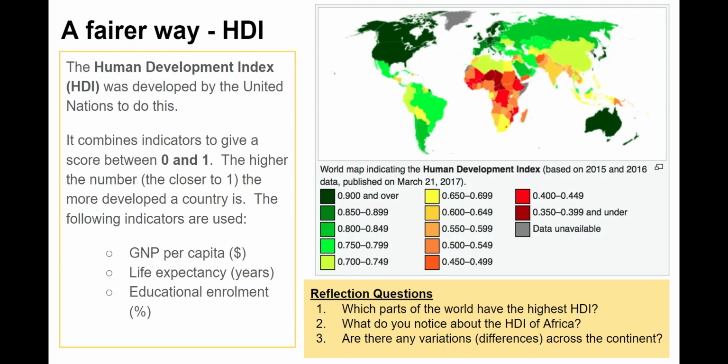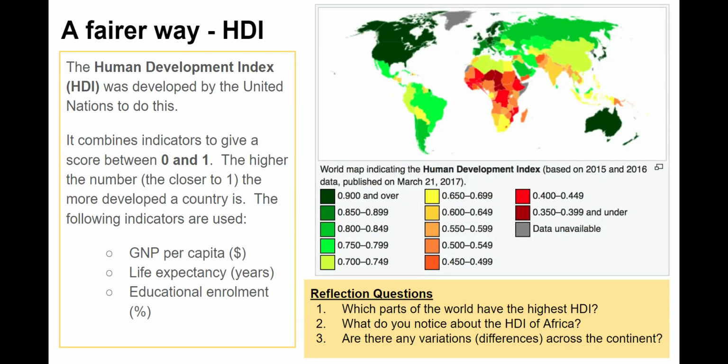It's absolutely not fair to say that in Africa, all of the countries have the same level of development, all of them are LICs. In fact, towards the north of the continent, you've got some quite high levels of HDI. These are countries like Algeria up there, and also South Africa, right down the bottom.